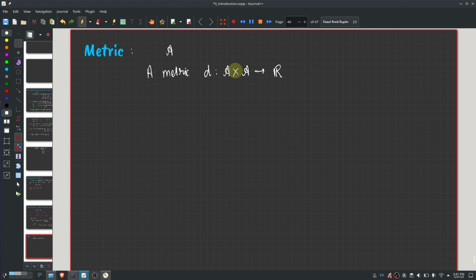It has to satisfy some properties, similarly to what the Euclidean distance would satisfy. So what are the most basic properties that the Euclidean distance must satisfy? We want the distance to be greater than or equal to 0 for all points. But when can it be equal to 0?